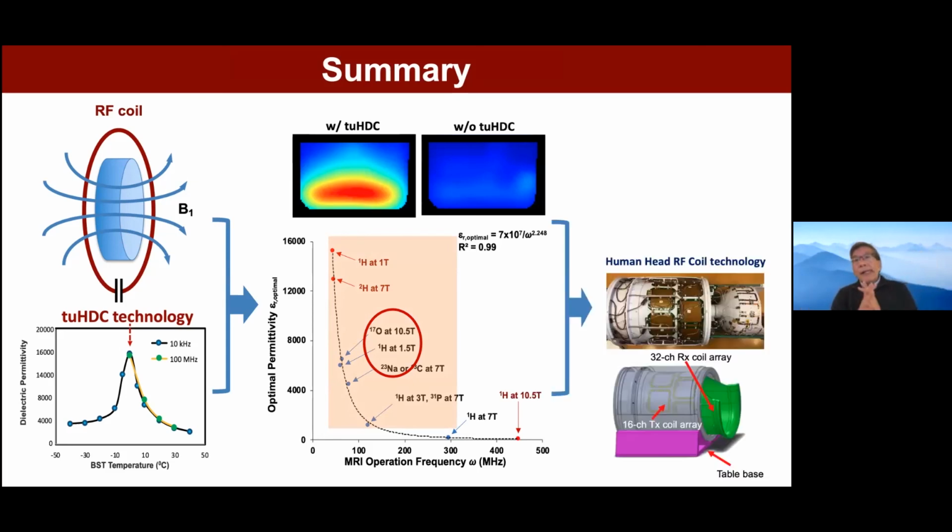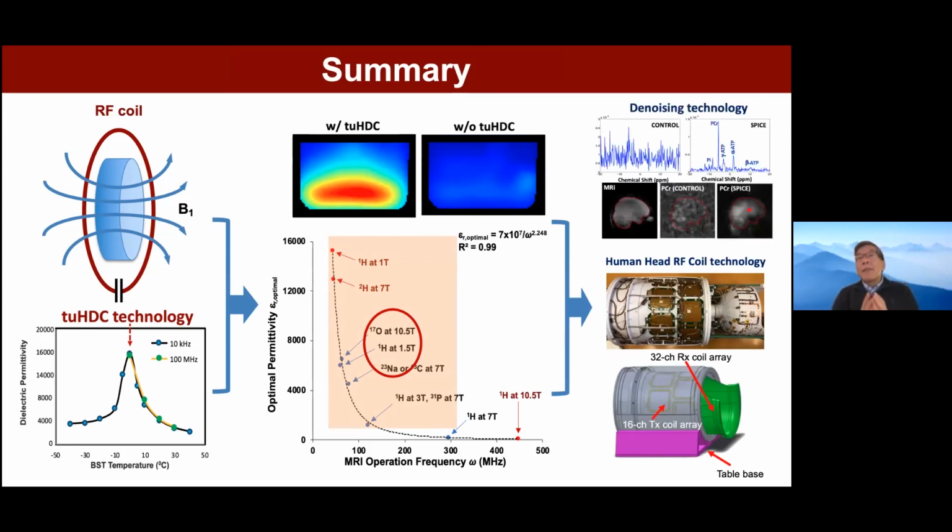Then we will combine this technology with the human head IFO coil technology, and finally we will combine the denoising technology. So we hope we can get the best human brain imaging, either for functional MRI applications or for metabolic imaging applications with high resolution.